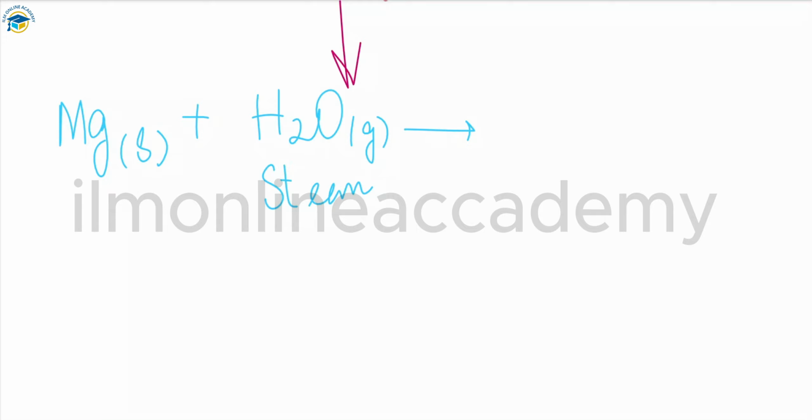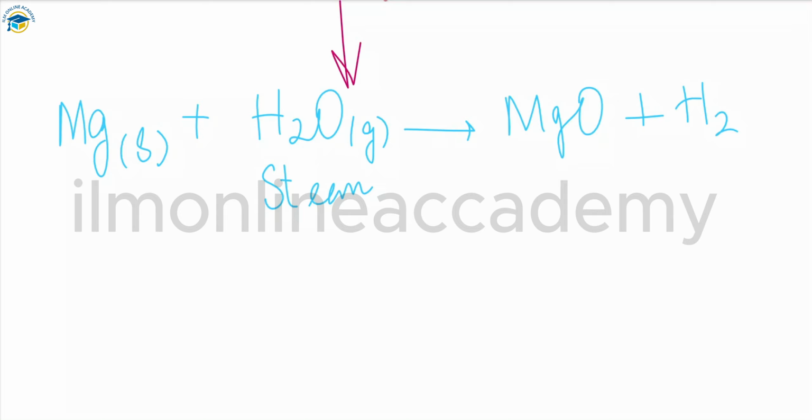Magnesium reacts with steam to form magnesium oxide, MgO, plus hydrogen gas that is released. The magnesium glows brightly to form the hydrogen and the magnesium oxide. So this is how magnesium reacts with water.